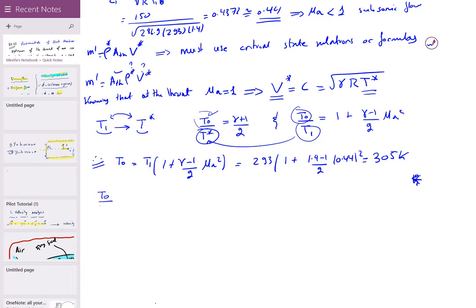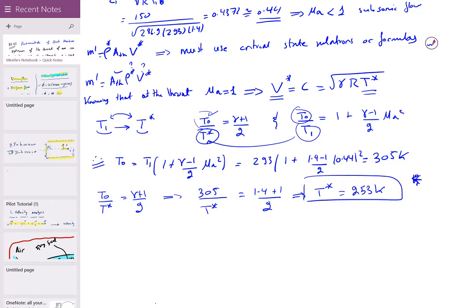From relation number 2, T naught over T critical equals gamma plus 1 over 2, so I have 305 over T critical equals 1.4 plus 1 over 2. I can get T critical equals 253 Kelvin.